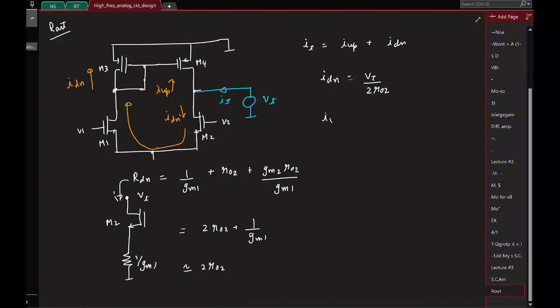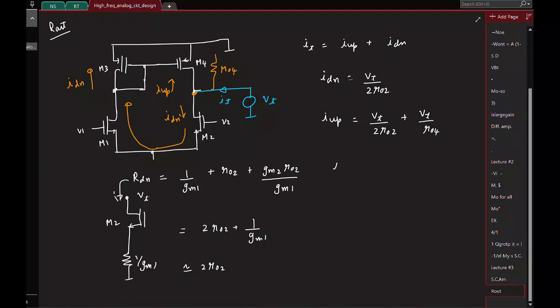So I up will have a contribution from the down current, which is VT by 2 R02. Okay, but you also have the R0 of the transistor M4 connected here, right? So that will draw a current, and what will be that current? It is VT by R04, right? Because its drain is at VT and the resistance is R04.